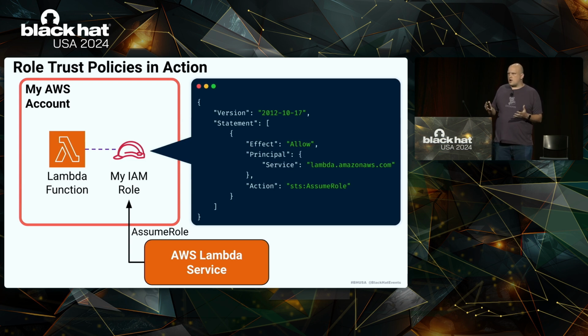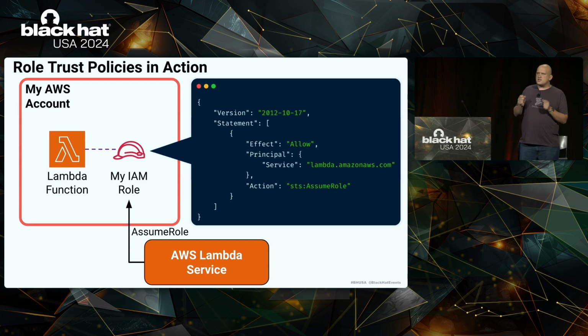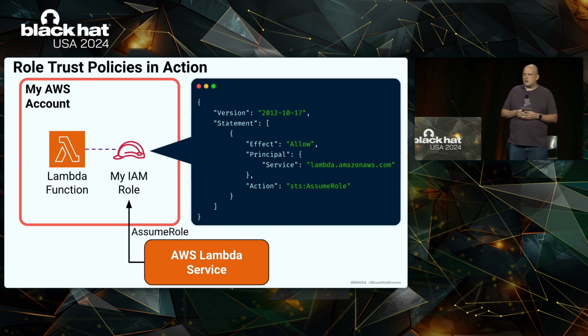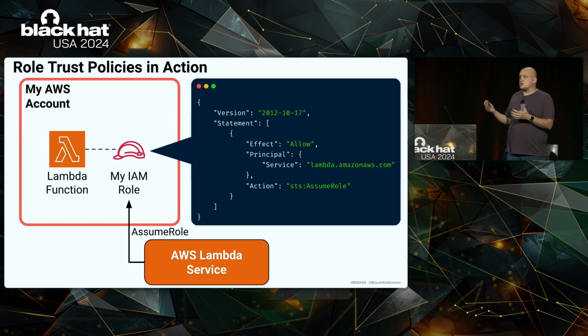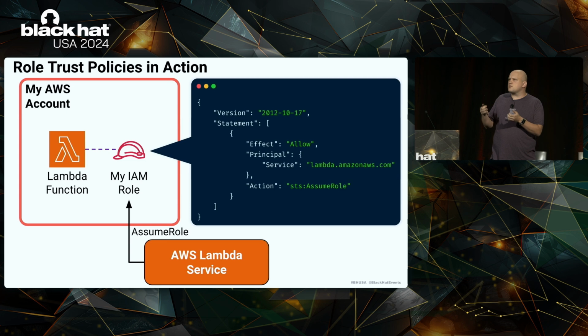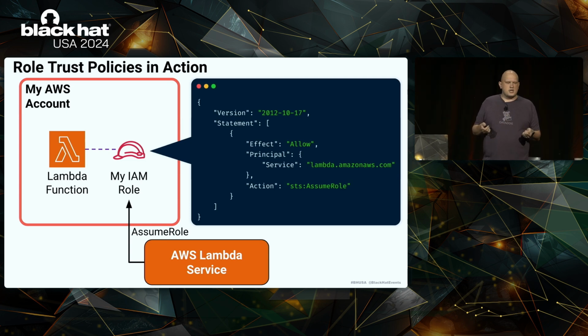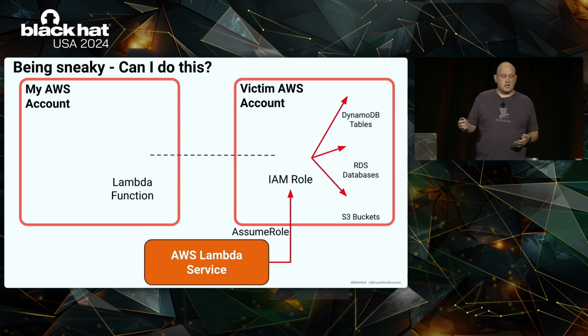The way this works in practice is every time your Lambda function is executed, the Lambda service will assume that role in your account and do whatever it is that you want it to do. Now, this behavior is interesting when we start asking questions like, since this is the default trust policy, and theoretically the overwhelming majority of roles using Lambda would have it, and since we already described that the trust policy determines who can assume a role, in this case allowing the Lambda service, could I do something like this?